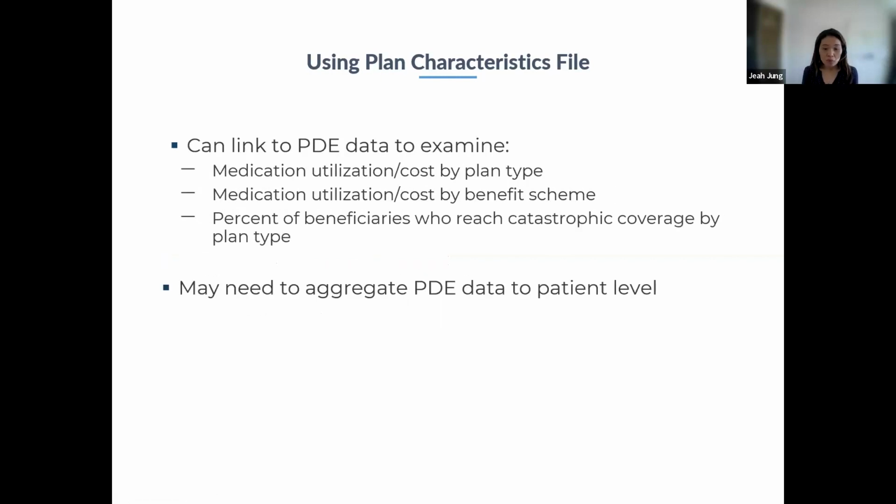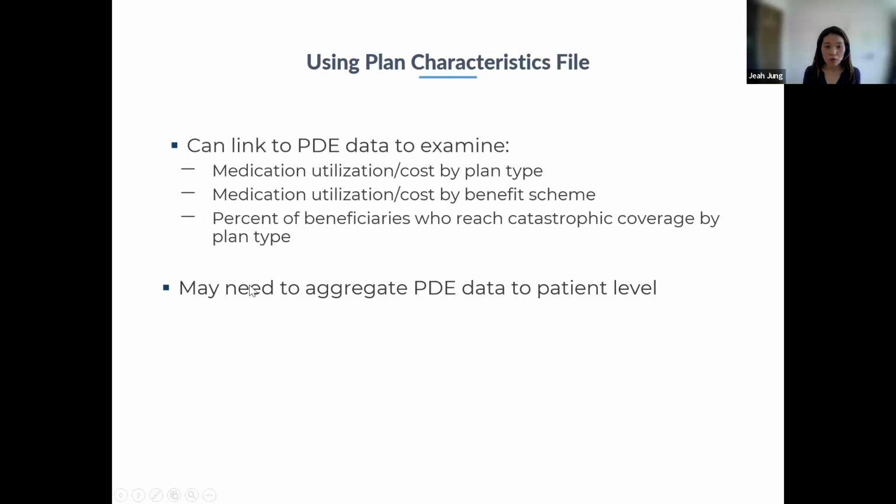Right. So finally, by linking this plan characteristics file to PDE files, of course, you can examine all the medication utilization or Part D drug cost by plan type and benefit schemes, and also whether beneficiaries who hit the catastrophic coverage, does it vary by a plan type or benefit scheme or anything.